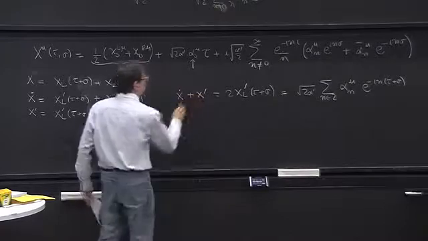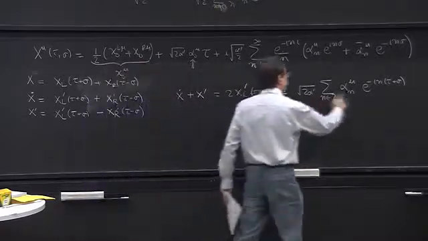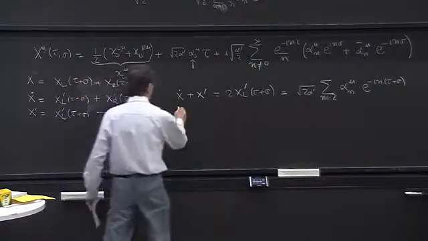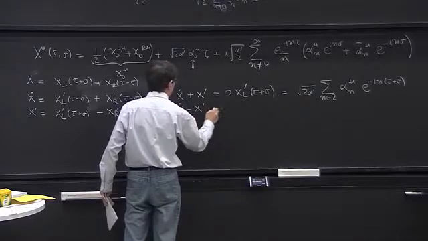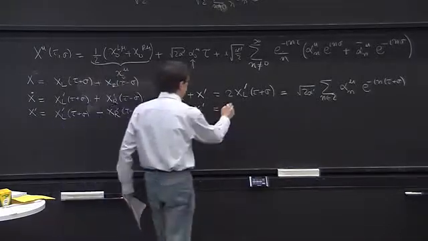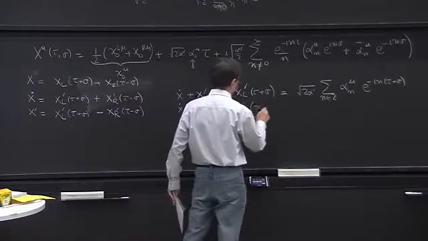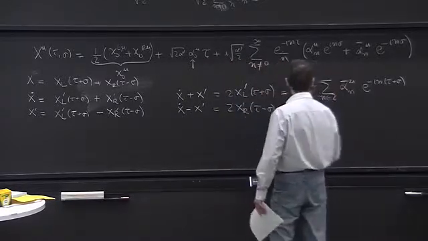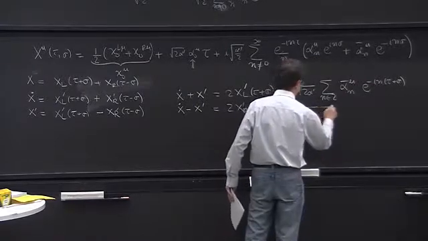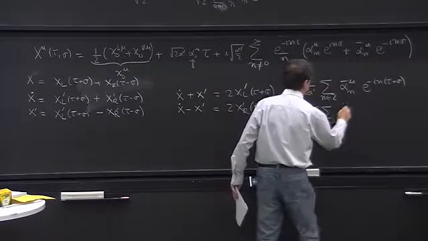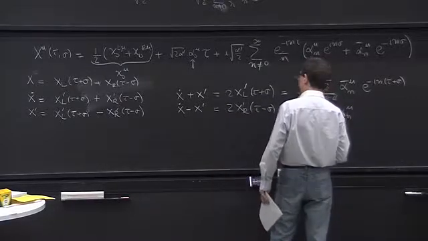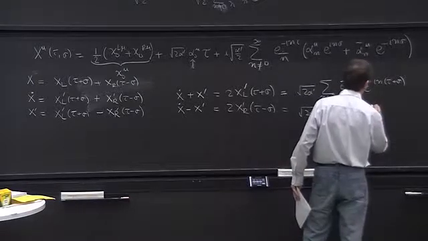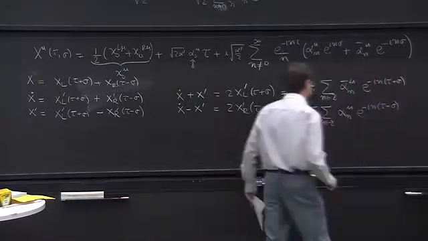So x dot plus x prime looks exactly like in open string theory, where we had this formula. And x dot minus x prime is 2 x right prime. And it's, for the right, I'm sorry, it's alpha n bars, square root of 2 alpha prime, n belonging to Z, alpha n mu bar, e to the minus i n (tau minus sigma). The mu's reappeared here for some reason, but it's okay.